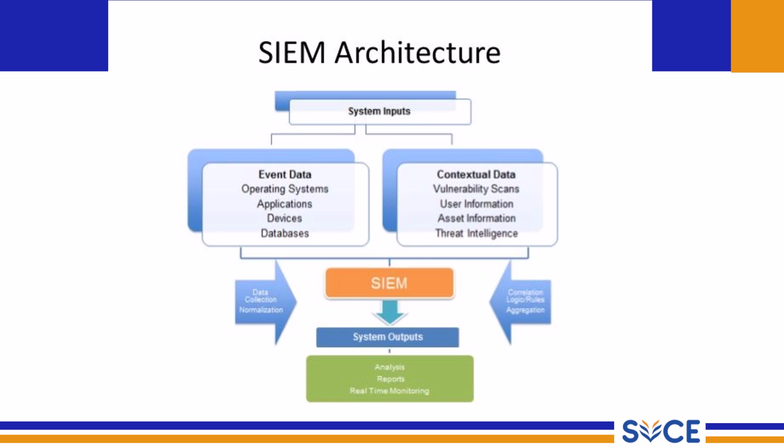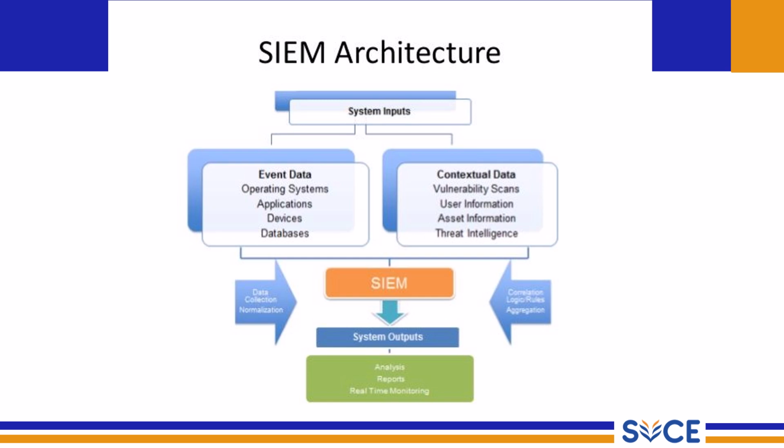For example, if the SIEM solution detects possible malware, it could take steps to isolate the infected system based on predefined rules. Automation helps to accelerate responses and frees up security analysts to focus on more complex tasks as well as issues.